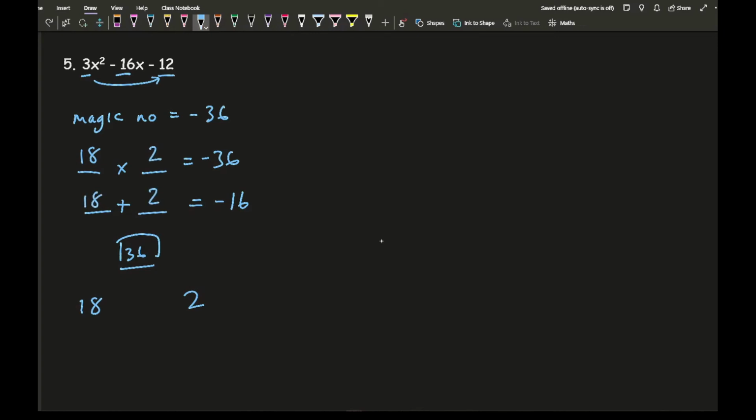So to make minus 36, looking at this symbol here, that means that the bigger number is going to be a minus, which is minus 18, and this sign is a negative, which means the signs are going to be different. So it's going to be minus 18 plus 2. So then looking at this, my next line is going to be 3x squared minus 18x plus 2x minus 12.